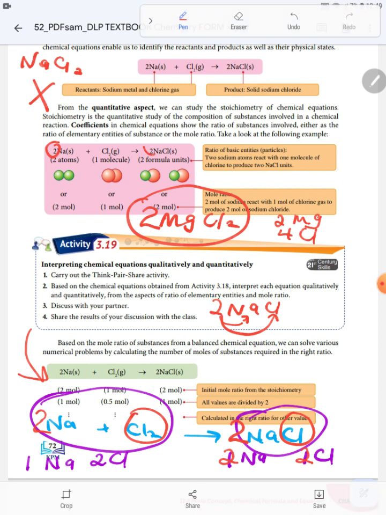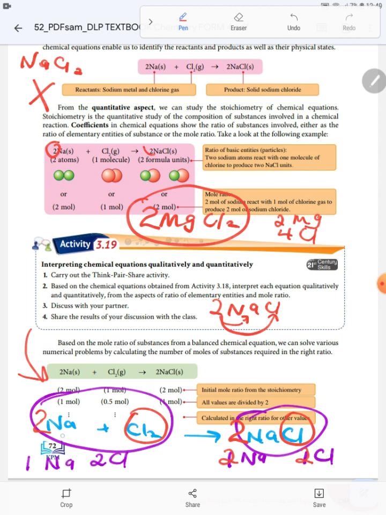Okay, remember you cannot balance the chemical equation by putting the number in the formula, bukan dalam formula, tetapi you hanya boleh tambah in front the formula.